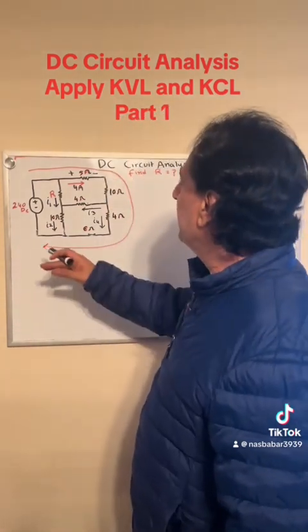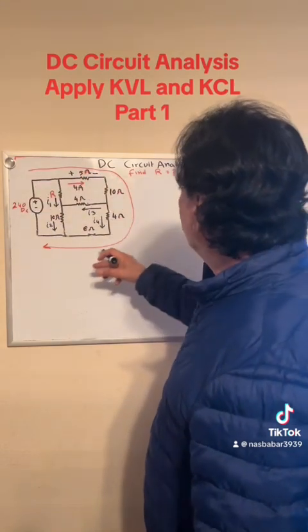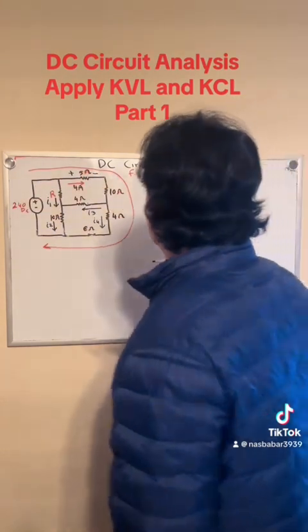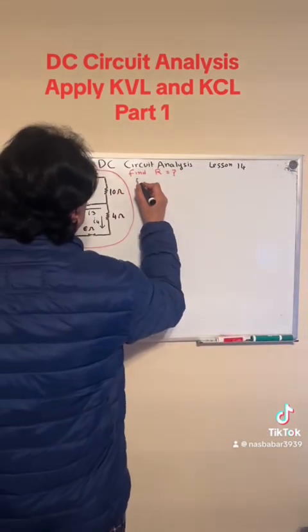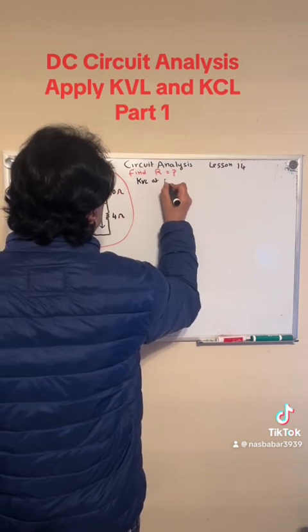Now let's see if we can apply KVL at the outer loop, where this red line is. So without any further ado, KVL at the outer loop.